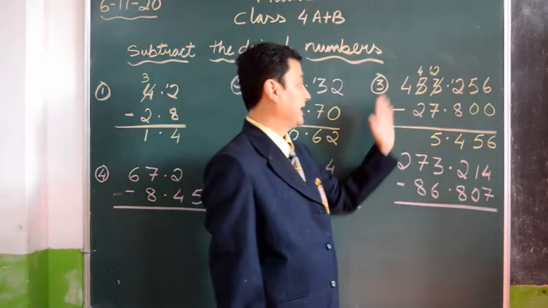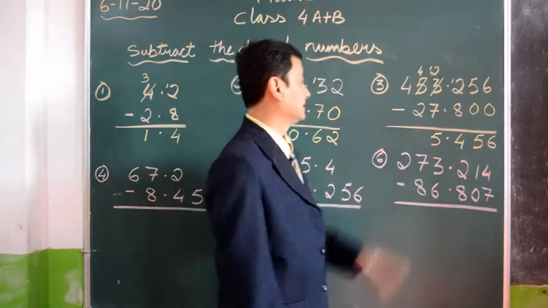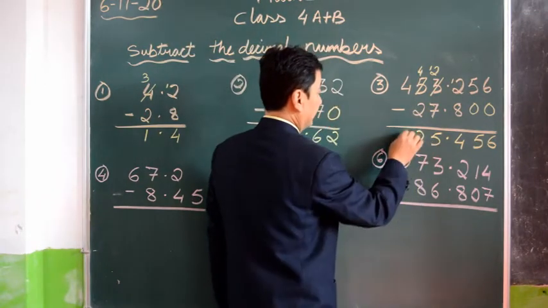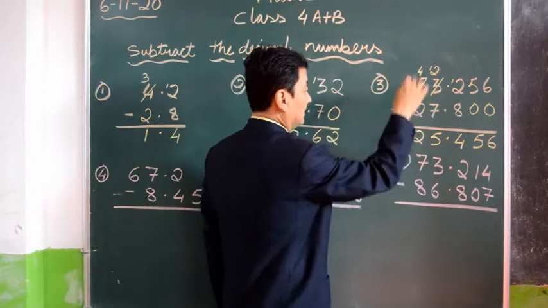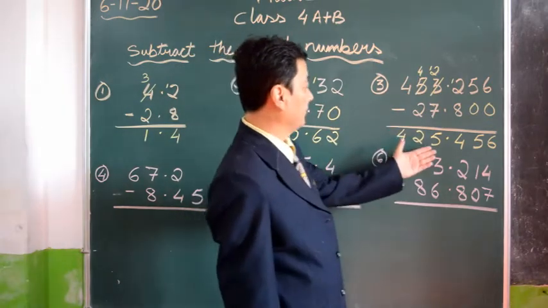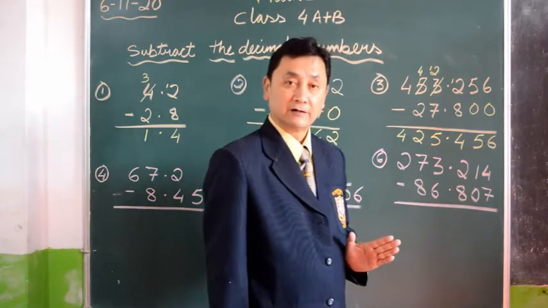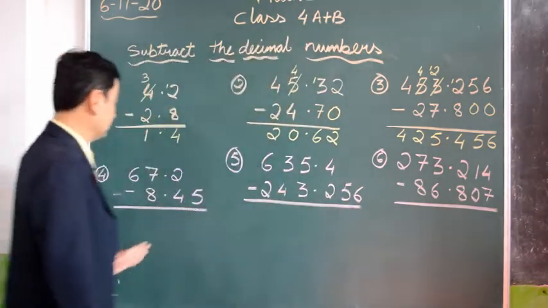I have 4. Can I give you 2? Yes. 4 minus 2, 2. And bring down 4. So when we subtract these two numbers, we get 425.456.